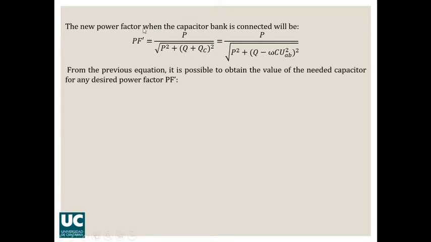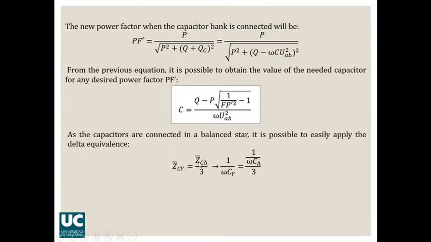So if in this expression you know the final power factor that you want, then you can solve here and obtain the capacitance of the capacitor that we need to change from an initial power factor up to a final power factor. And that will be given by this expression.